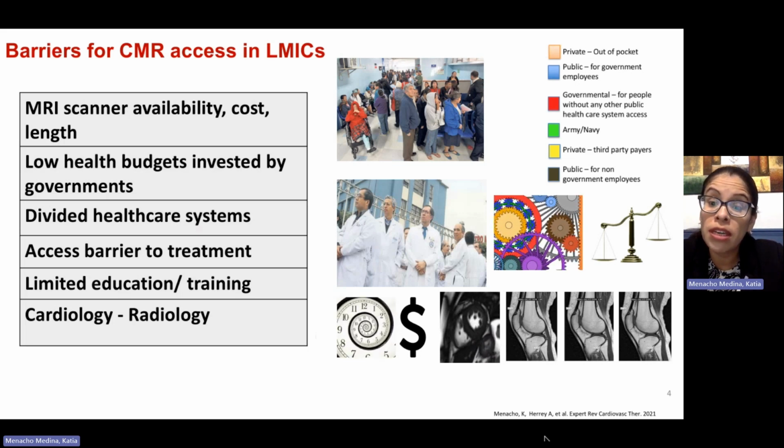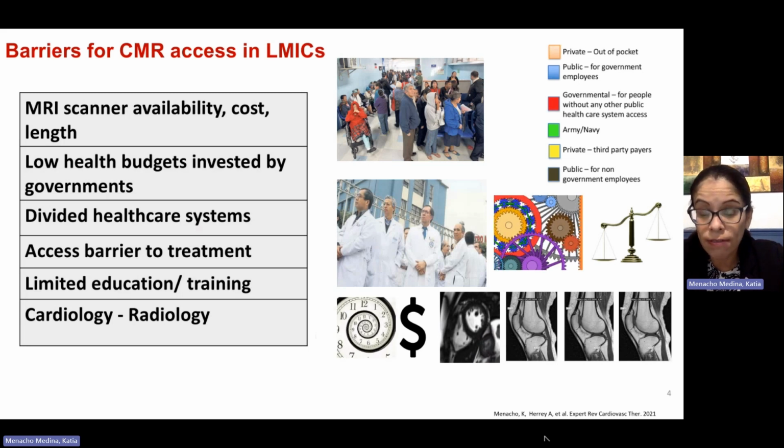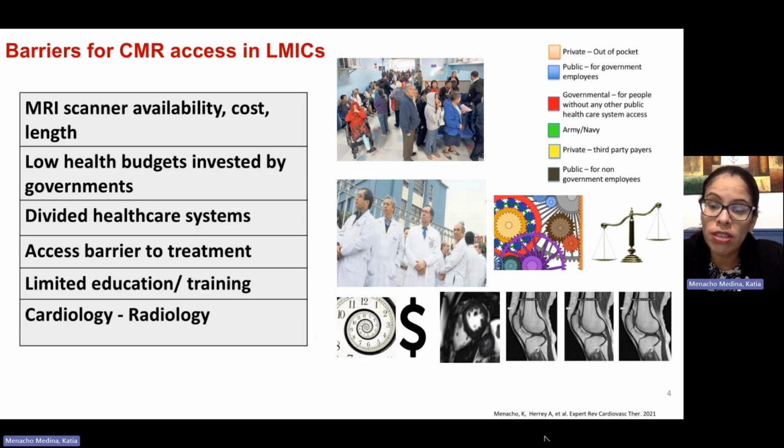Once we establish the cardiac MRI unit, there is an impact on patients' management, but the problem is whether all these patients will have access to the management that is suggested, for example surgery, angiogram or medication. So that's another barrier that we need to consider.